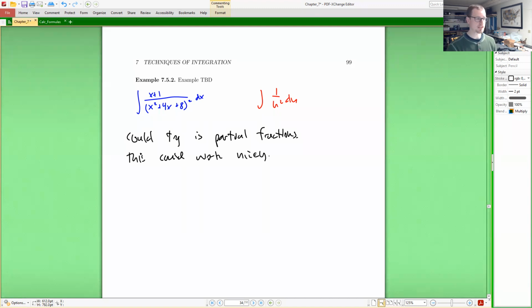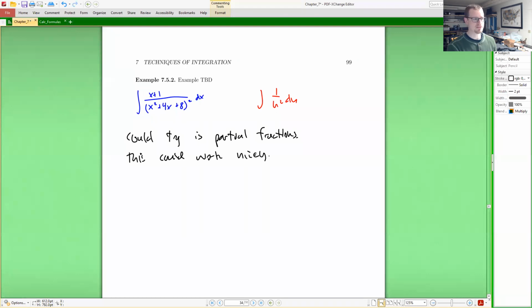In fact, it definitely will lead you somewhere. You'd be more than welcome to give that a shot. Actually, I'm not quite sure what you would find, because again, that's not the route that I went. So integration by partial fractions would work just fine.